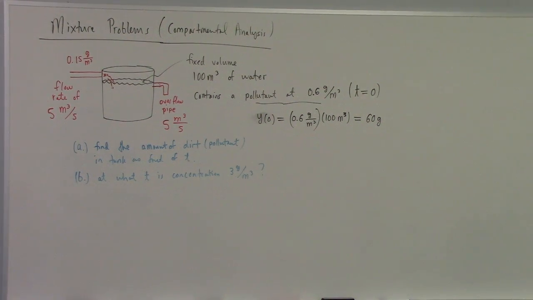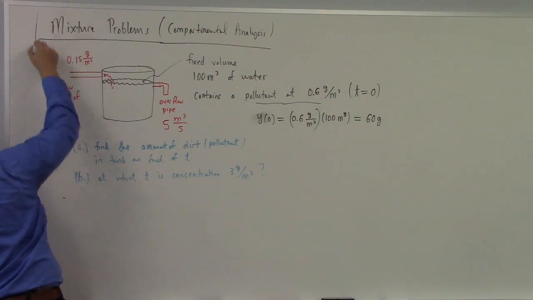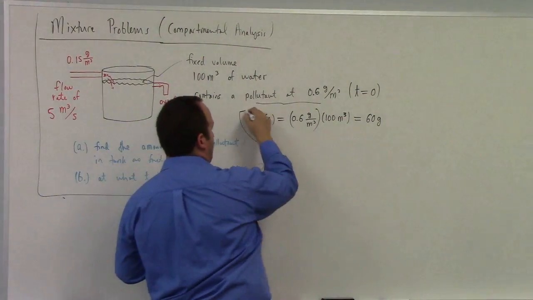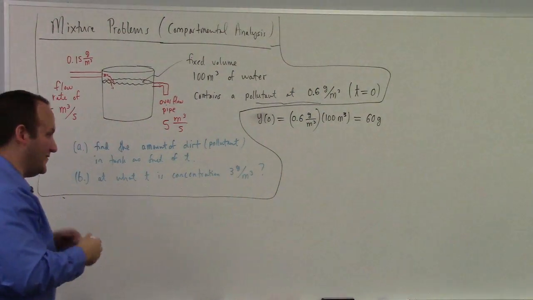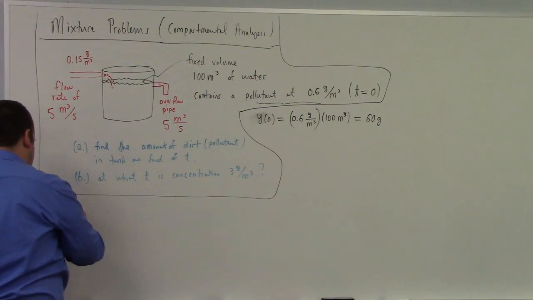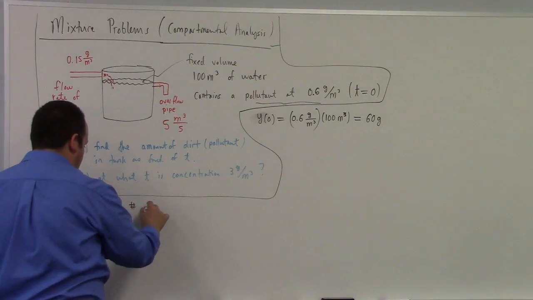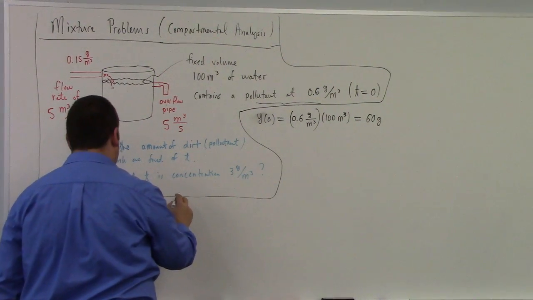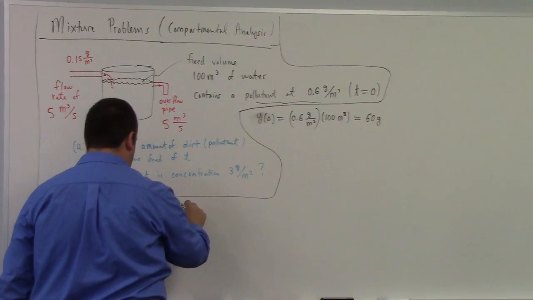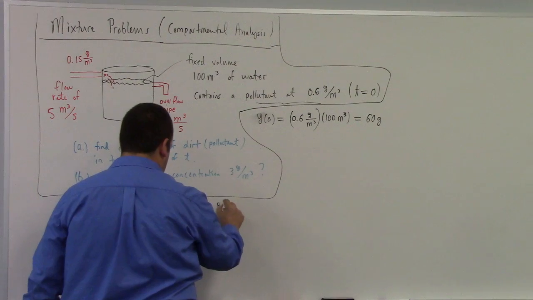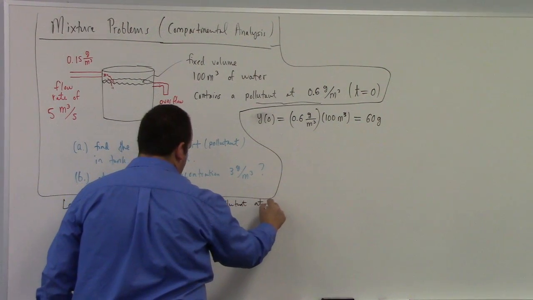So let y of t equal the number of grams of pollutant, dirt if you like, at time t.